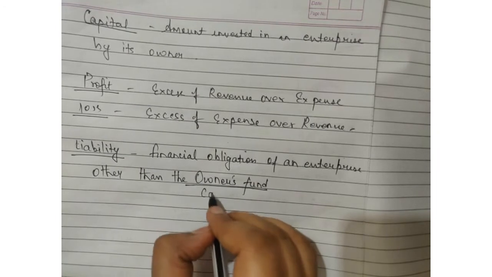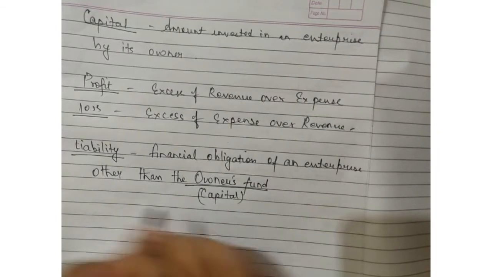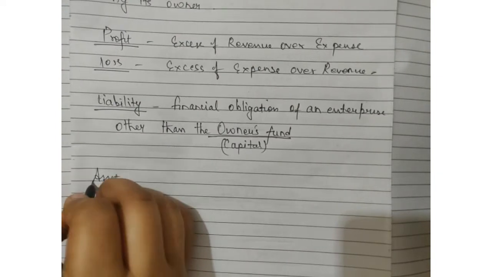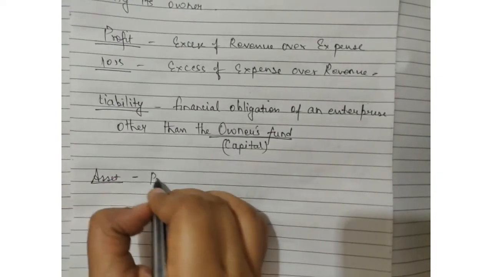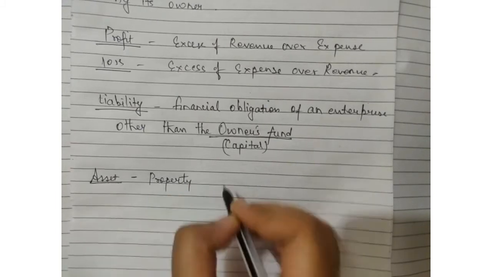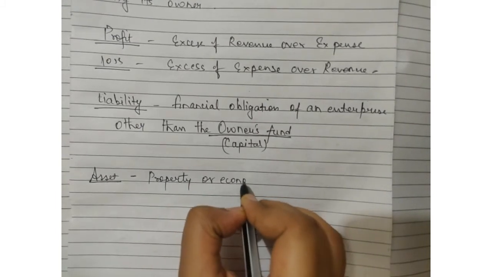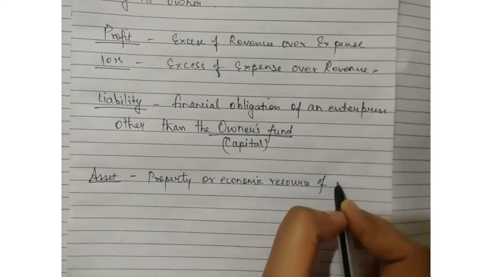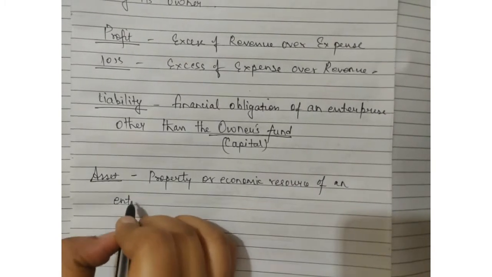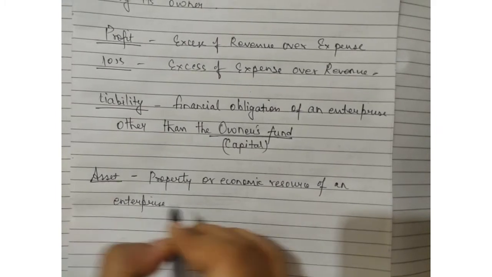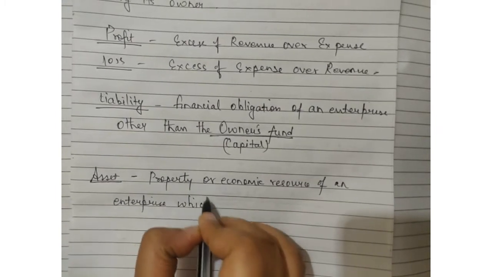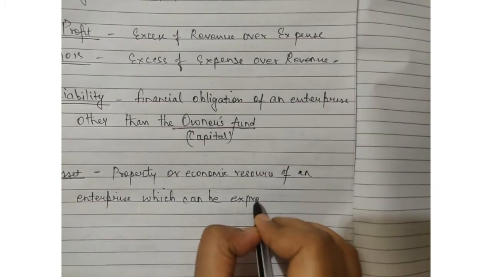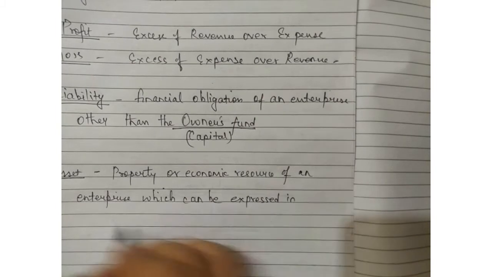Owner's fund is nothing but the capital. An asset is a property or economic resource of an enterprise which can be expressed in monetary terms.